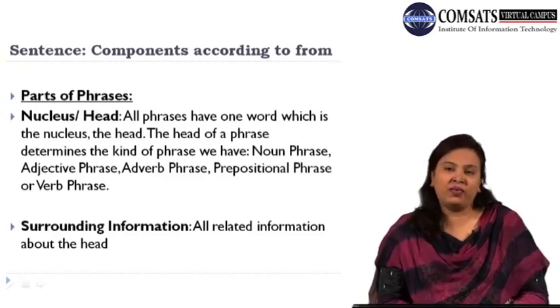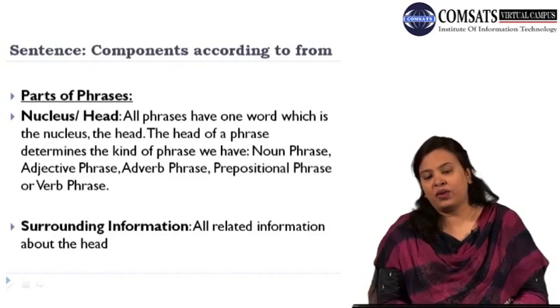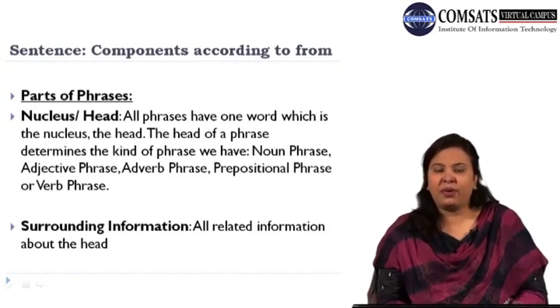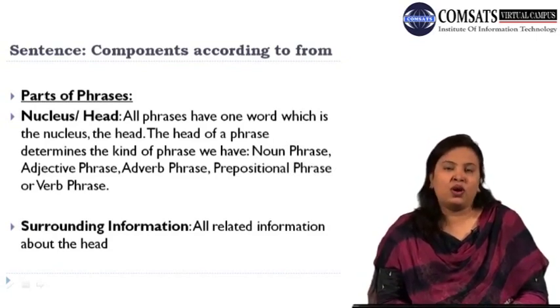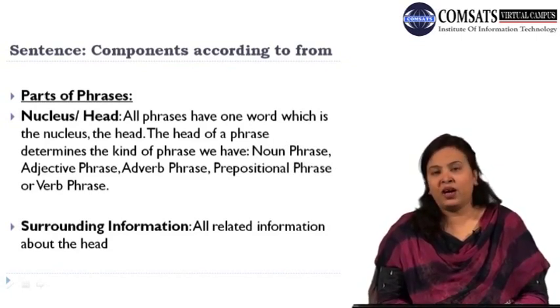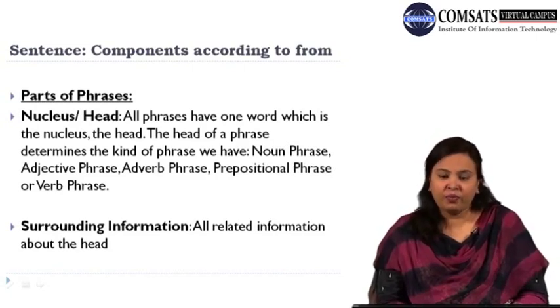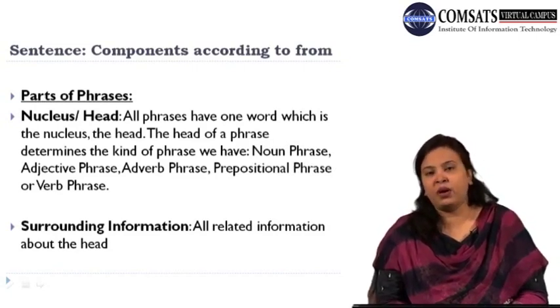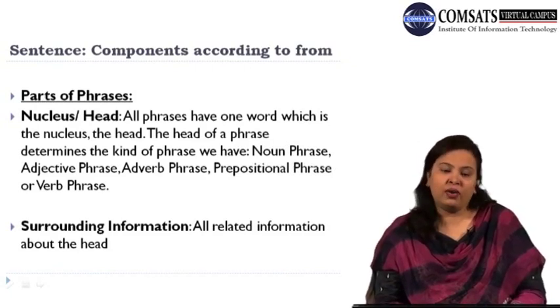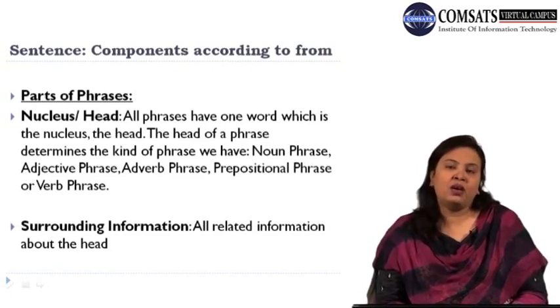All phrases have one word which is the nucleus, the head. The head of a phrase determines the kind of phrase we have. For example, if it is a noun phrase, the head would be a noun. If it is an adjective phrase, the head would be an adjective. Adverbial phrase, the head would be an adverb. Prepositional phrase, the head would be a preposition. And a verb phrase, the head would be a verb.